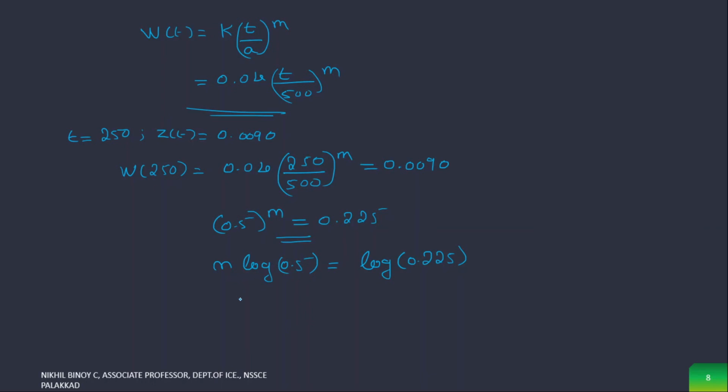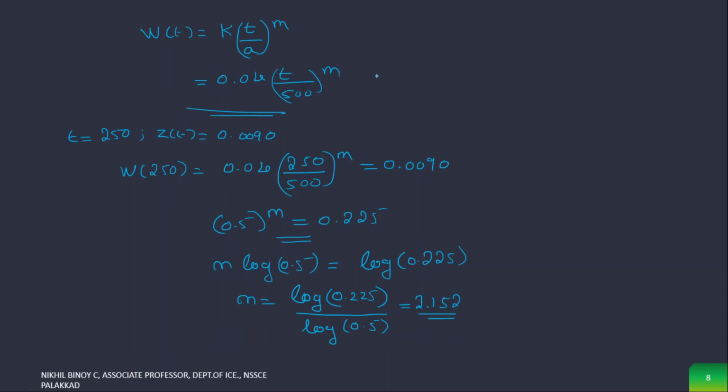So m is equal to log 0.225 divided by log 0.5. This value is very close to 2, it is 2.152.